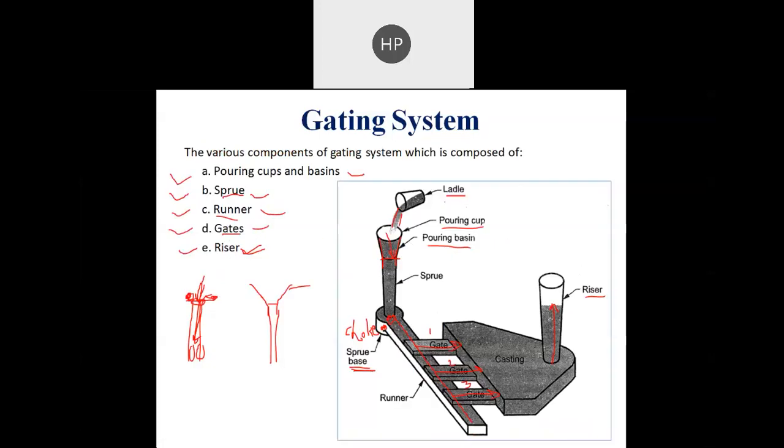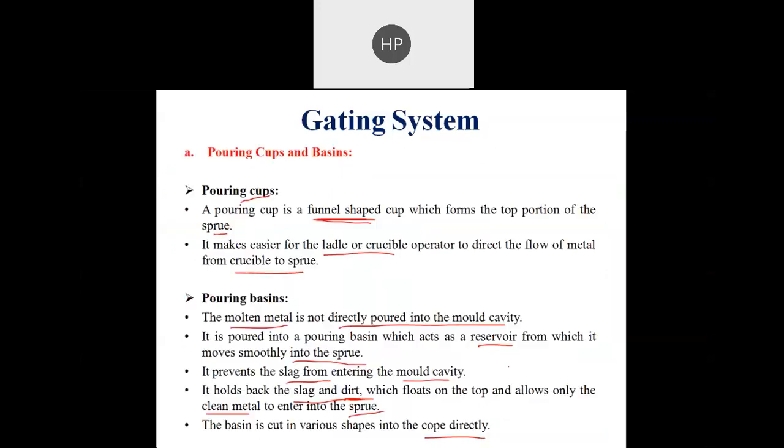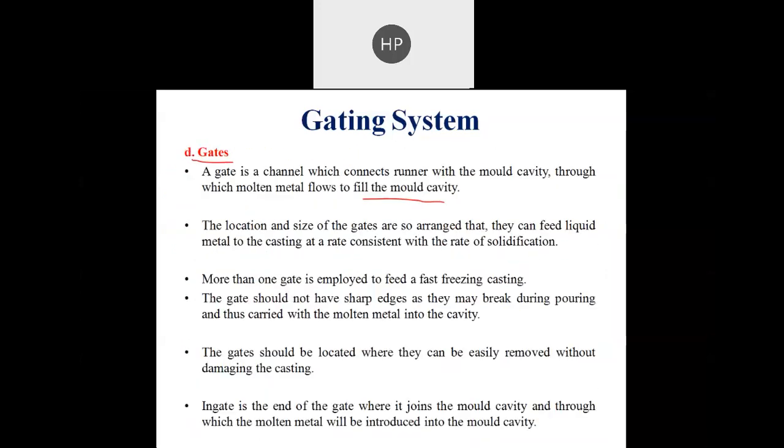So here this is the channel which is connected with the runner, and from that runner the molten metal will flow into that hollow cavity, the casting that we require. The location and size of the gates are so arranged that they can fill liquid metal into the casting at a rate consistent with the rate of solidification.